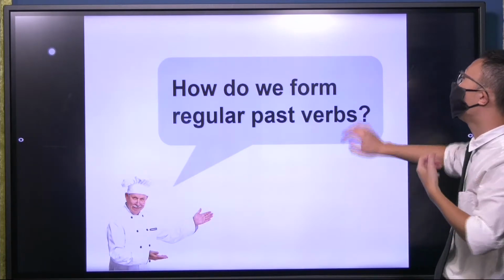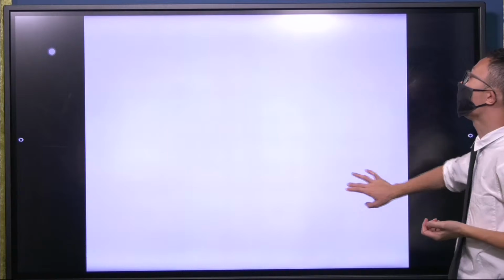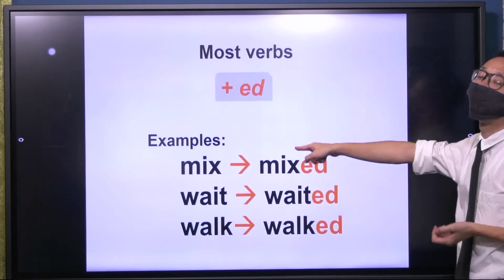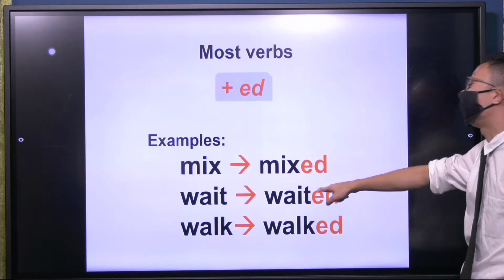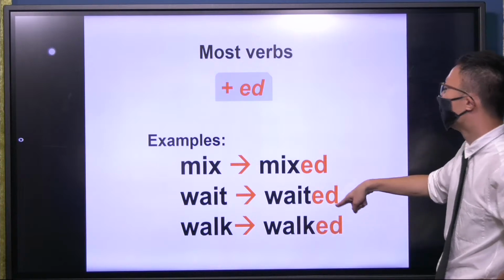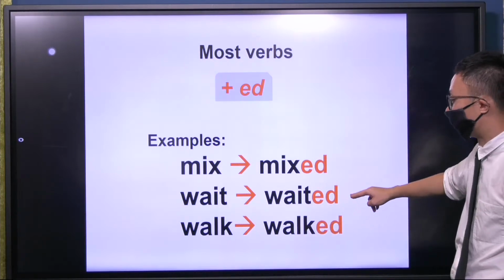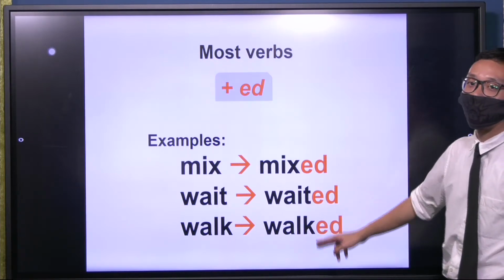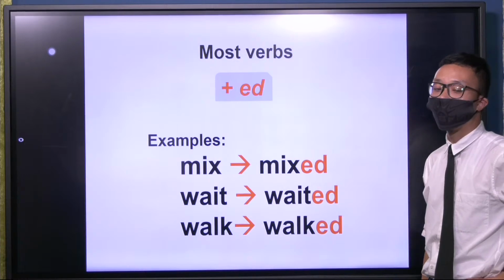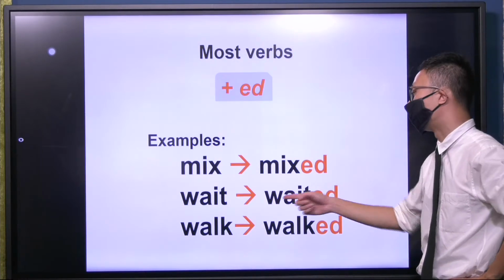So, how do we form regular past verbs? Like I said, most verbs just add ed: walked, waited. For this one, I want you to remember, when a word ends with T-E-D or D-E-D, I need to hear it, too, waited.